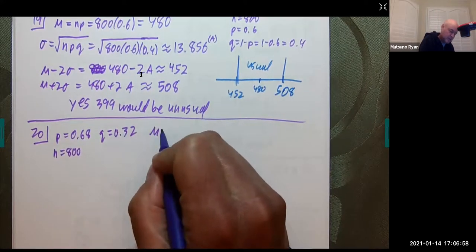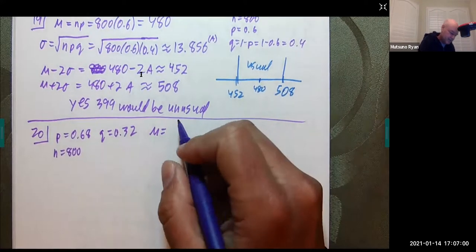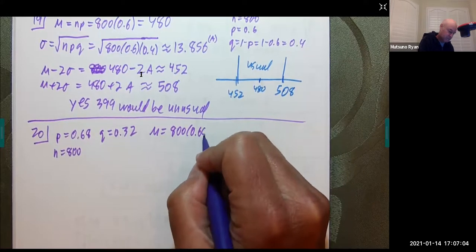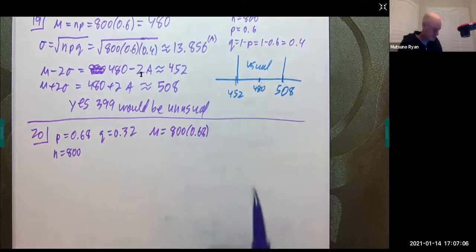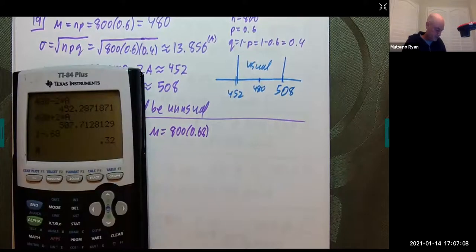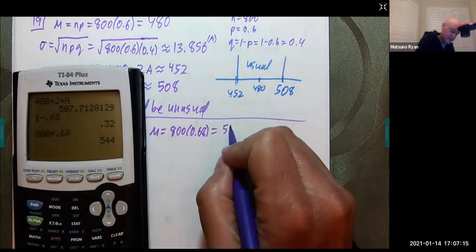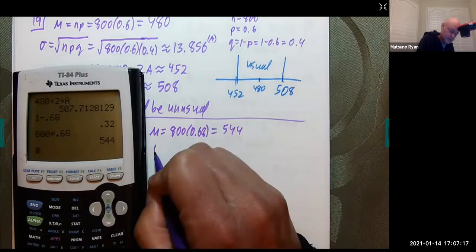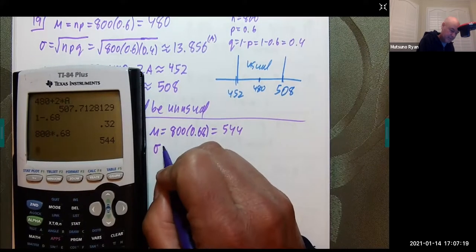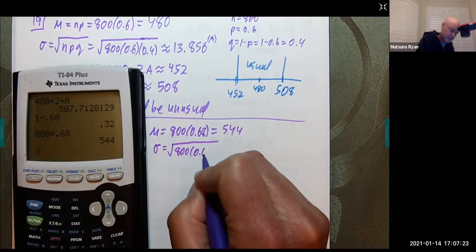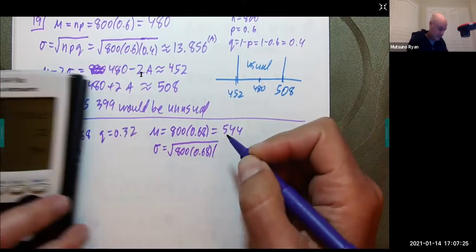Our mean is going to be N times P again, 800 times 0.68, which is 544. Our standard deviation can be the square root of 800 times 0.68 times 0.32.